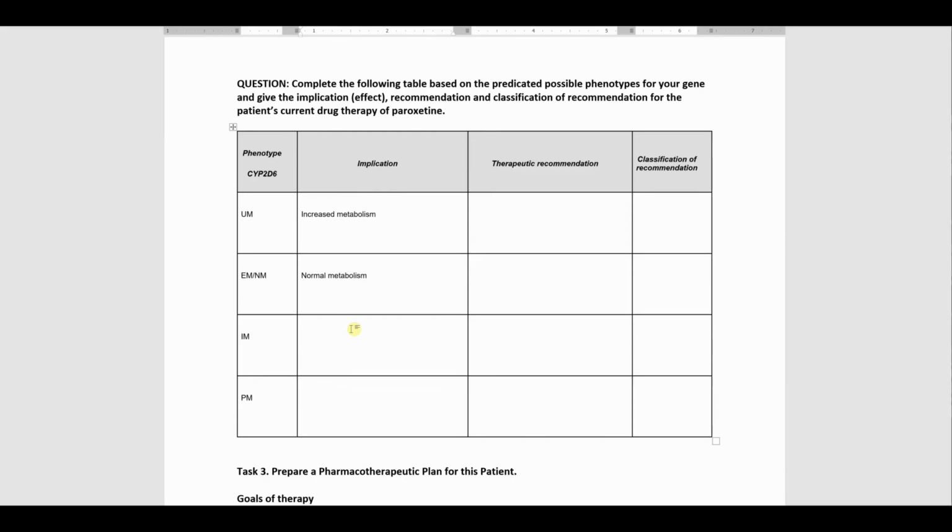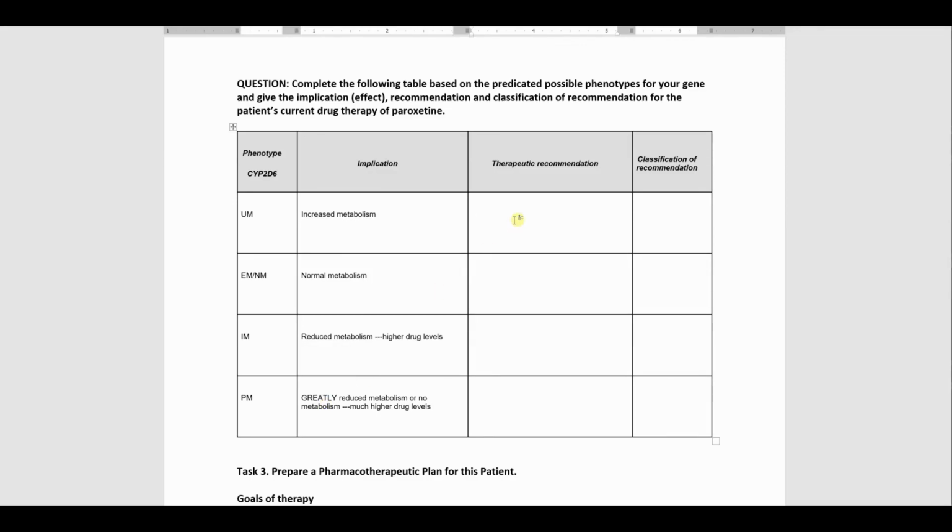For intermediate metabolizer, what would we expect? We'd expect reduced metabolism and therefore higher drug levels. And then for poor metabolizer, we really would expect greatly reduced metabolism or possibly no metabolism. And this would lead to much higher drug levels.